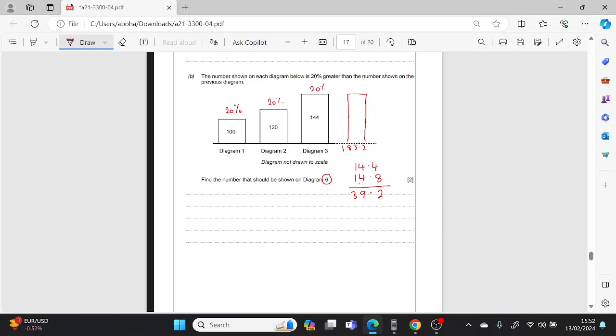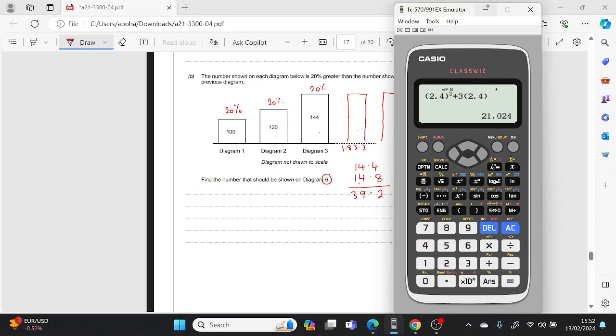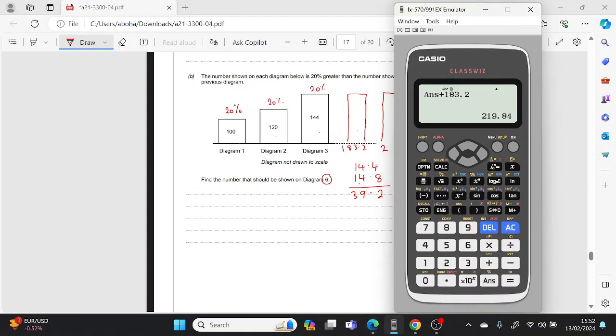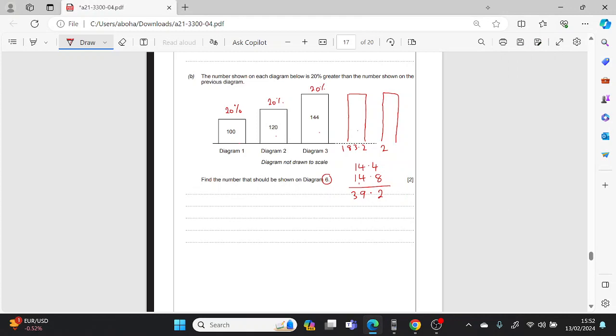So that's 1, 2, 3, 4. So diagram 5. So if we do 20% times 183.2 plus 183.2, I get 219.84.